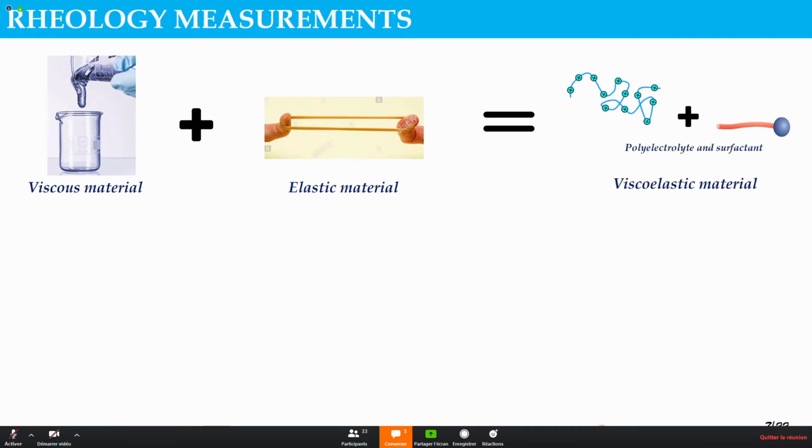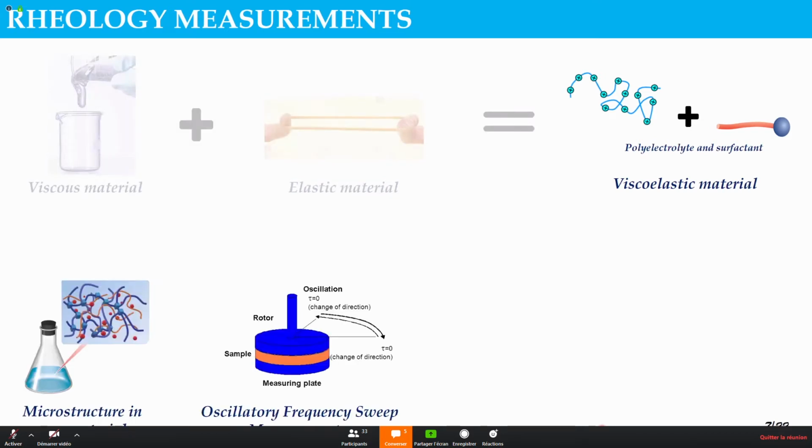Now, we have to think that this viscoelasticity is related to the microstructure that we have in our sample. And when I say that the sample has a microstructure, it means that in the sample, there are forces between particles, molecules, or chains that are holding them together.